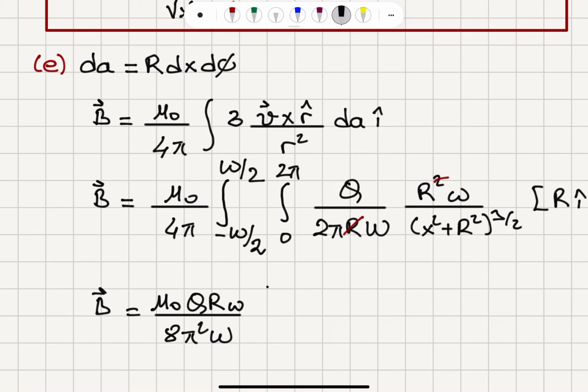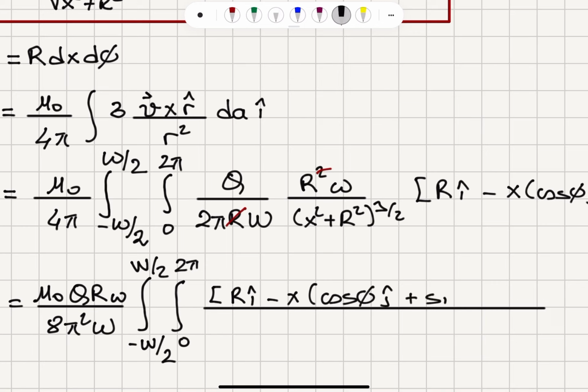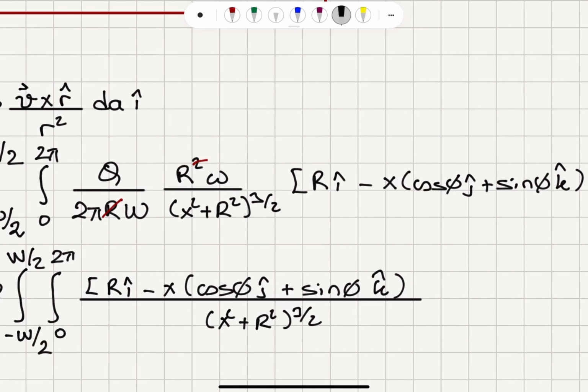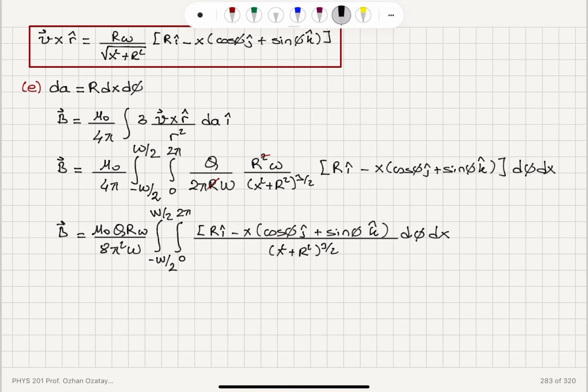Then I have the integral over x from minus w over 2 to plus w over 2, integral over phi from 0 to 2 pi, of this ratio, capital R i hat minus x times cosine phi j hat plus sine phi k hat, divided by x squared plus capital R squared to the power 3 over 2, d phi dx. That's the integral I'm supposed to evaluate.